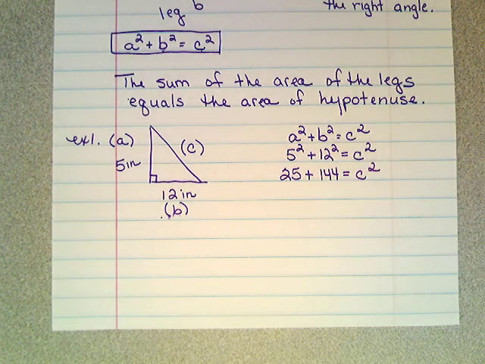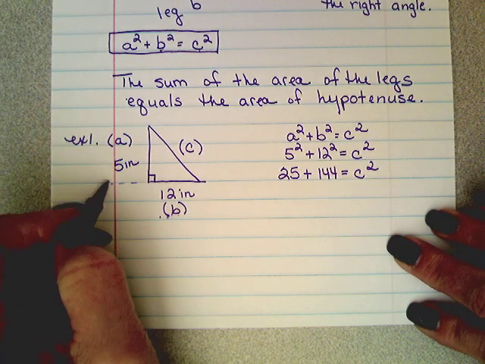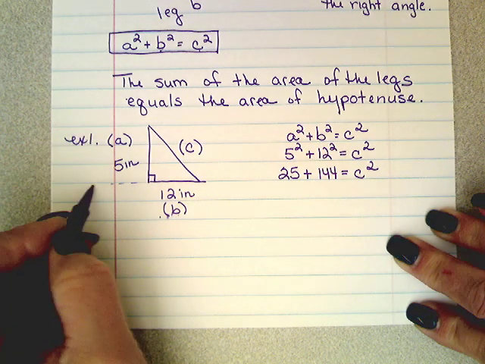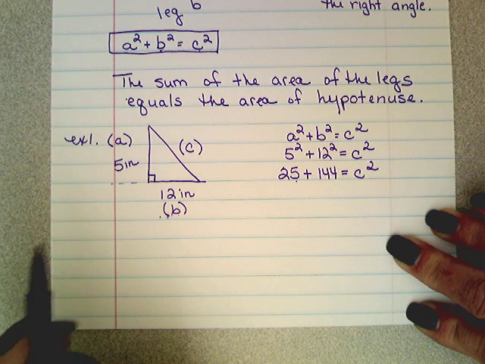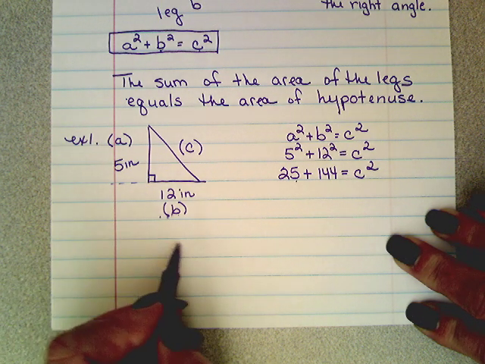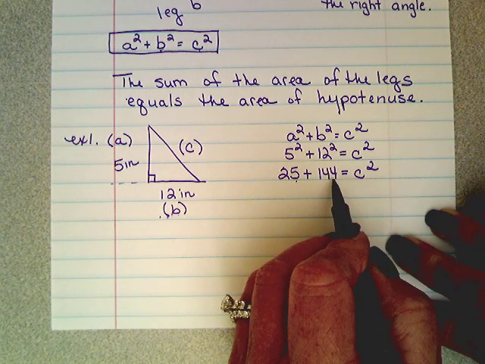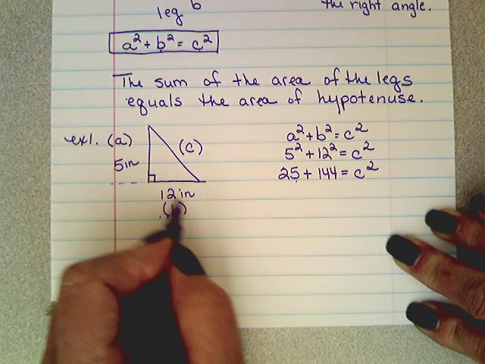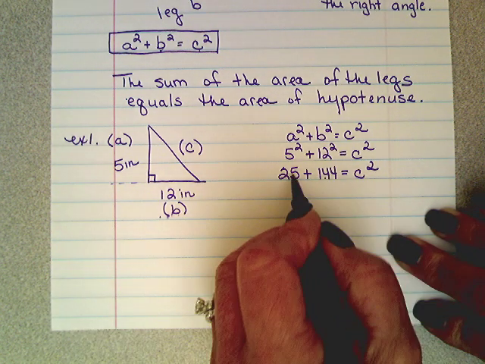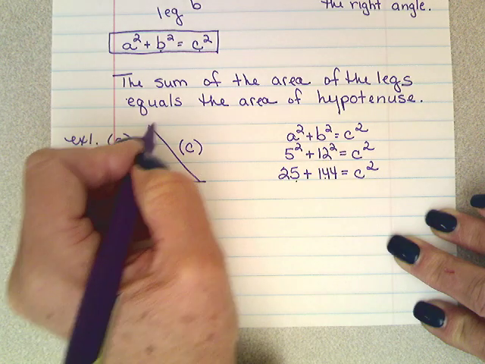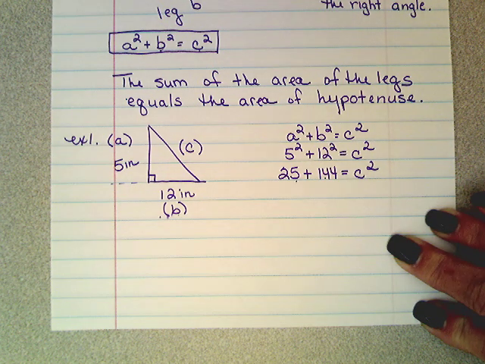Now at this point, when we see that 25, if I was to draw a perfect square off of that leg, it would have an area of 25 because it has a side length of 5. If I was to draw a perfect square off of this leg, it would be 144 units squared because 12 squared is 144. When I add these two together, you are going to get the area of that tilted square off of the hypotenuse.